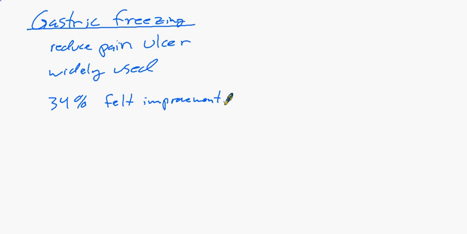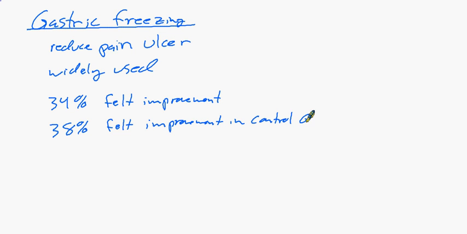And there was a control group, of course. 38% of the control group felt improvement. Which is known as the placebo effect. Really, the gastric freezing clearly didn't have much to do with it. More people felt improvement with the placebo than the actual treatment.